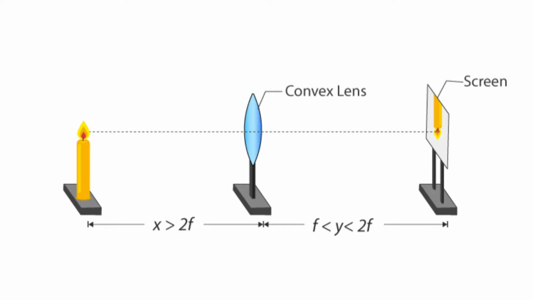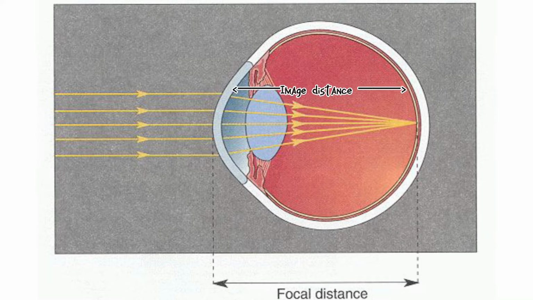To get a clear image, we have to change the image distance. But in our human eye, the image distance cannot be changed. So what do we have to do? We have to change the curvature of the lens according to the requirements.